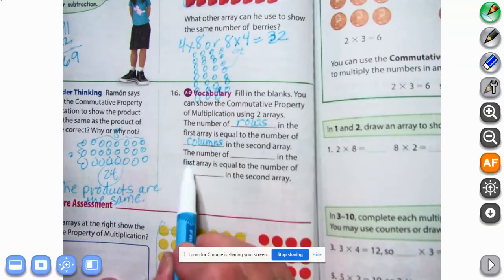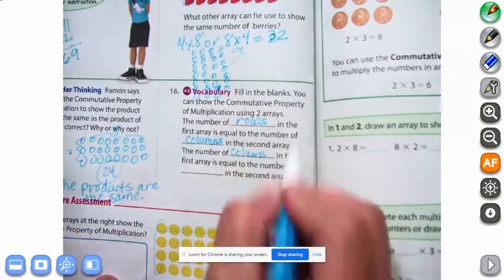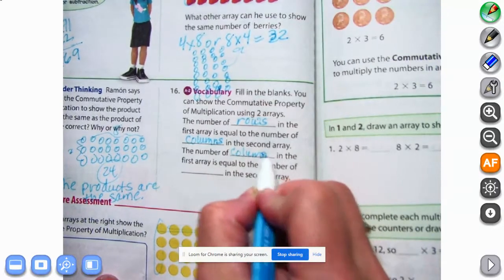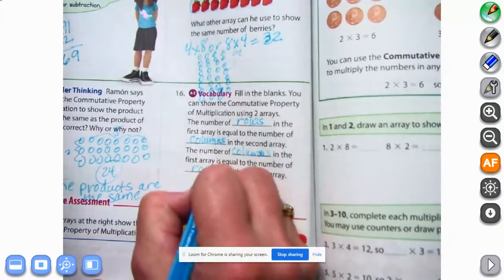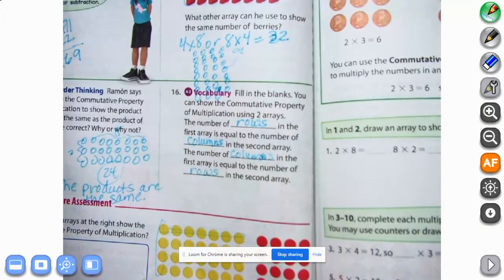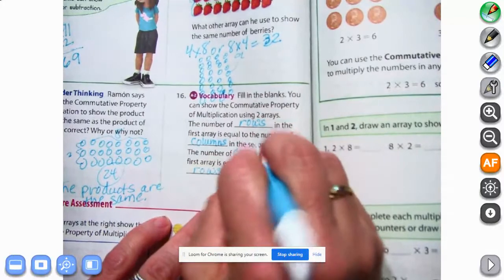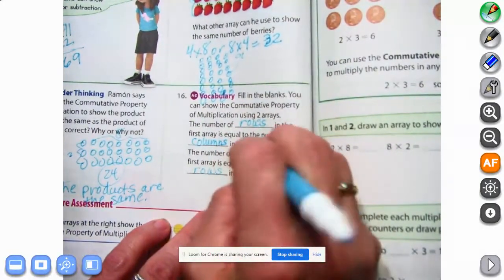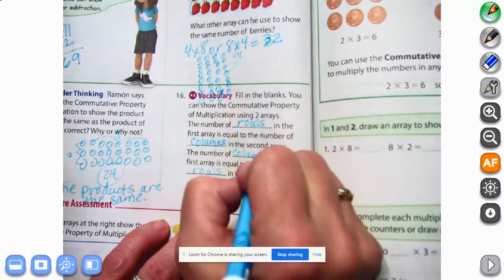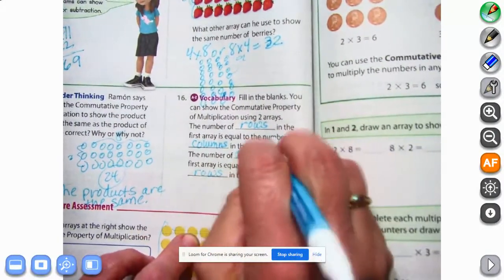In the second array, the number of columns in the first array is equal to the number of rows in the second array. Can you see that one? Let me see if I can. This erasable pen here comes in handy sometimes. Okay? Not an ES, just an S.